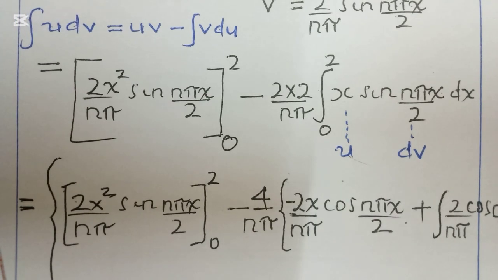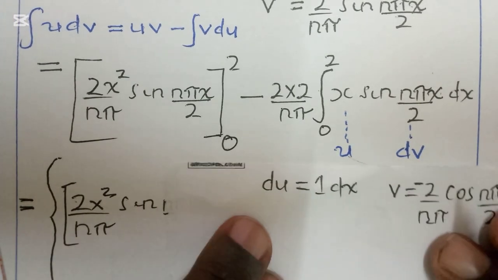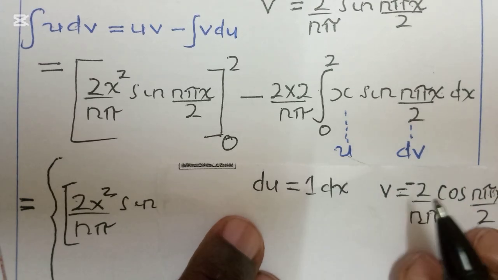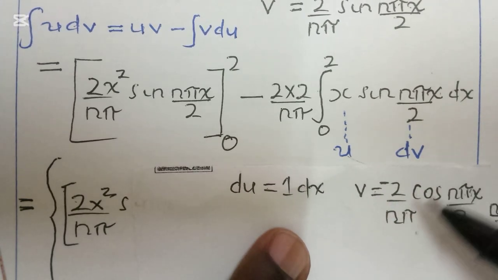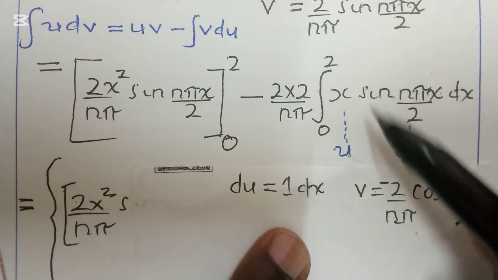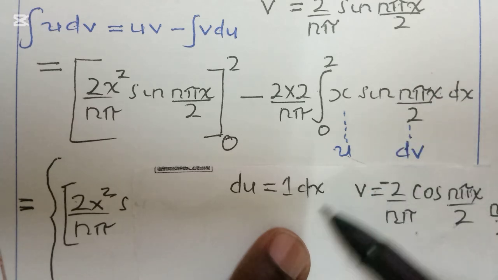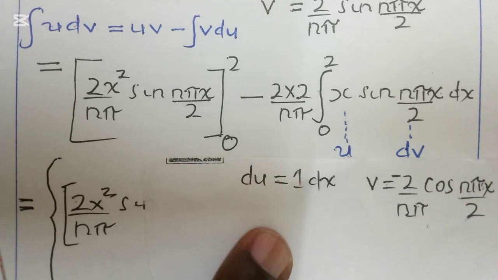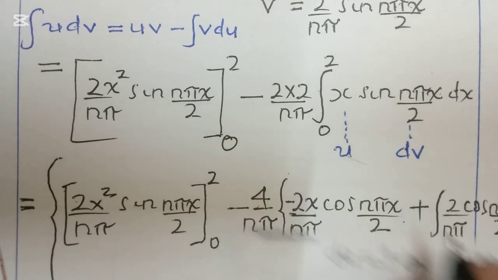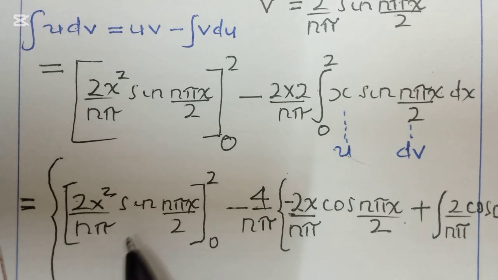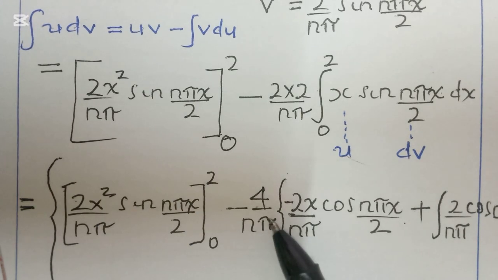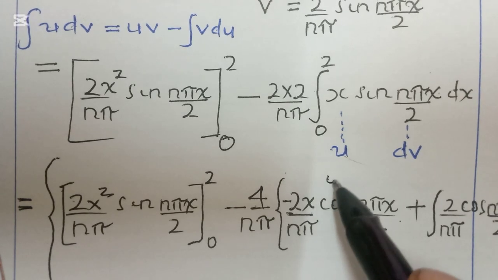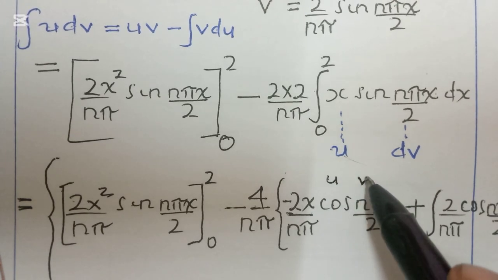For this, you can have the u and the du here, and for dv you can integrate that, and then this is what you are going to have. You're now going to replace here. This is the first term we had, and for this one you have the u here and the v.